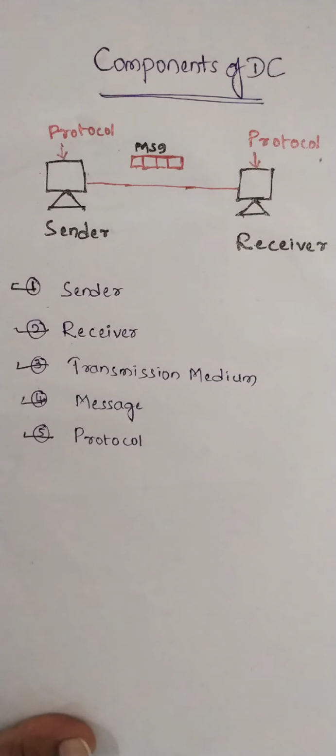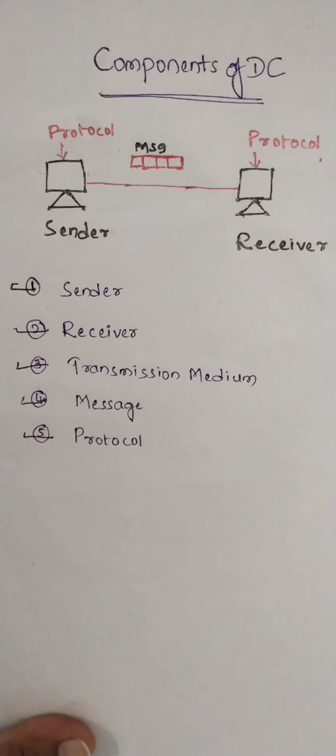First we need the sender, that is, first the message has to be transferred. So there is one machine or one device from which the message has to be transmitted. That machine or device is called the sender, through which the message is passing.